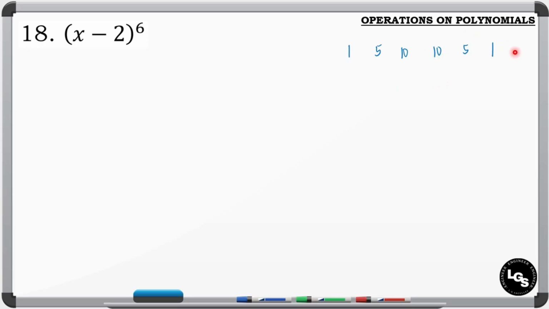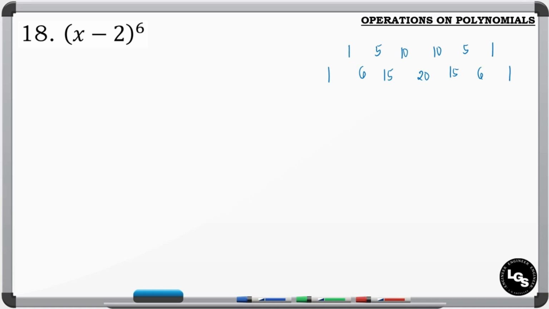So this is what we use from the previous example, when we have n, or the exponent, equal to 5. If we have an exponent equal to 6, we continue this one. So this is 1, 6, 15, 20, 15, 6, 1.